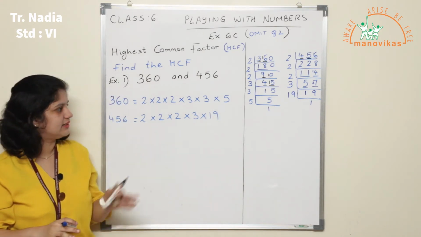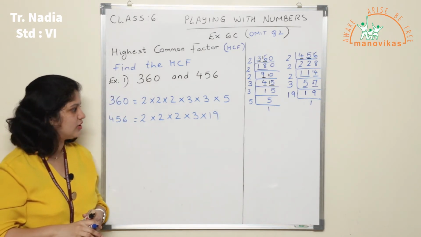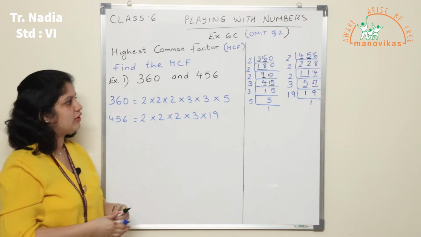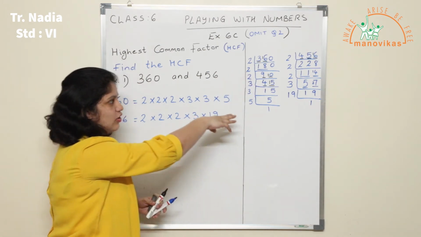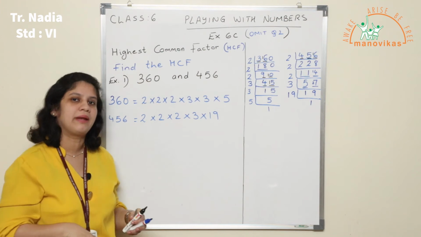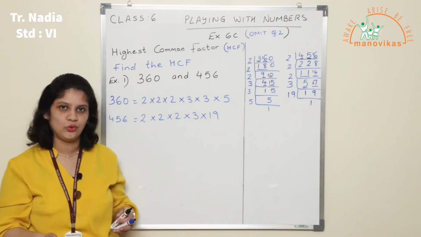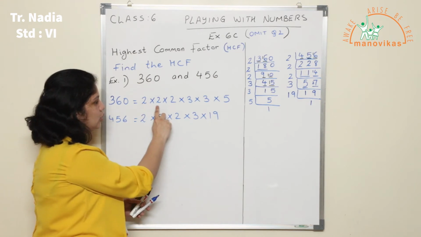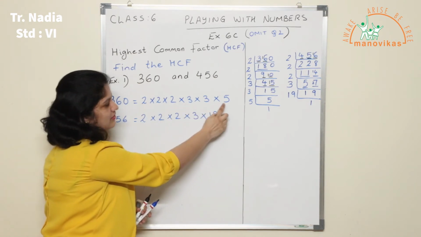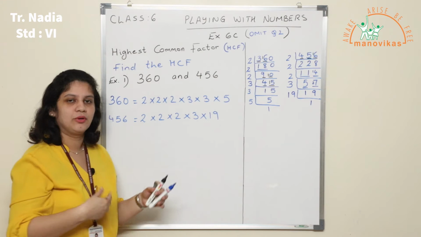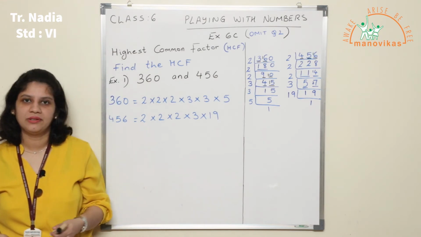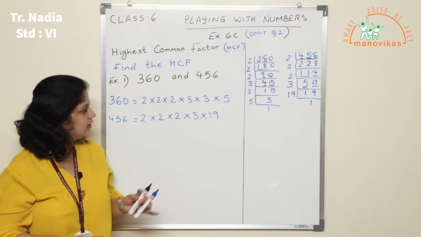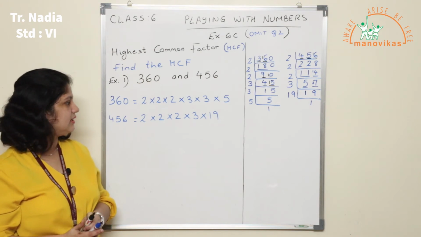Okay, so I listed down all the factors of each number. Now children, even if you have not used the numbers in this order, that is, if you have used the prime number 3 first and then 2, it's fine. But in this step, make sure that the 2s are written first, followed by the 3s and then the 5, because it becomes easier and simpler for us to work. So now I have made a list of this.